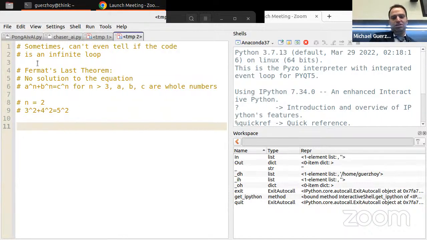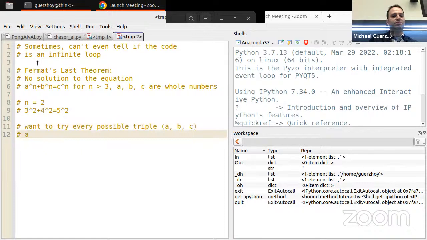So I want to try every possible triple a, b, c and check if a to the n plus b to the n is equal to c to the n. This is a little more annoying than what we had done in the past, because in the past, if you wanted all the possible passwords, you had the possible characters in the password.